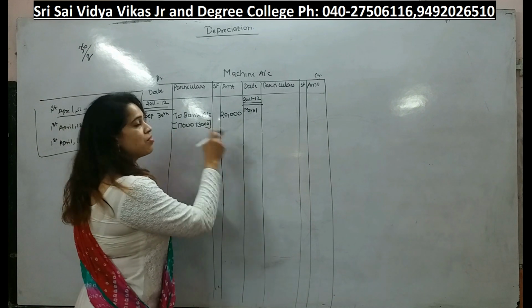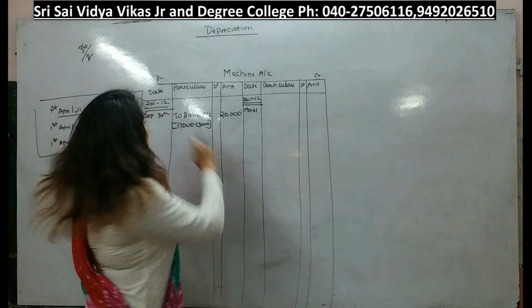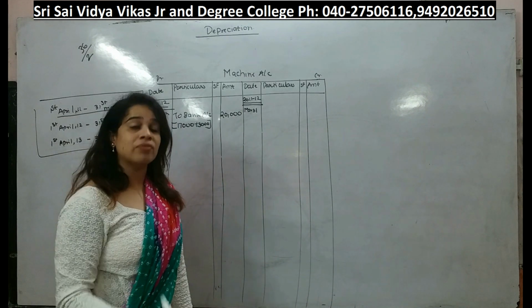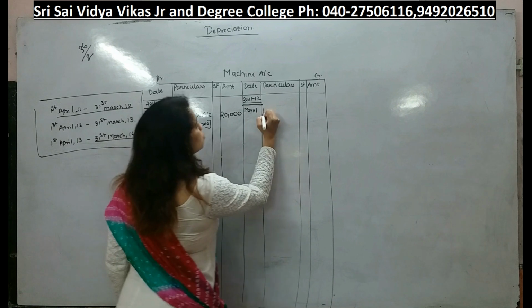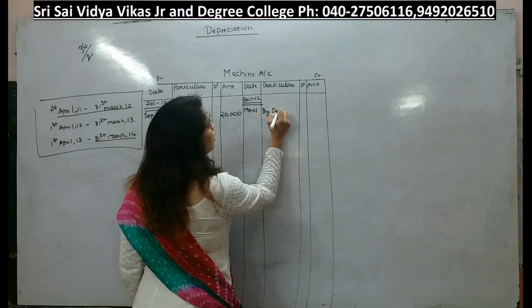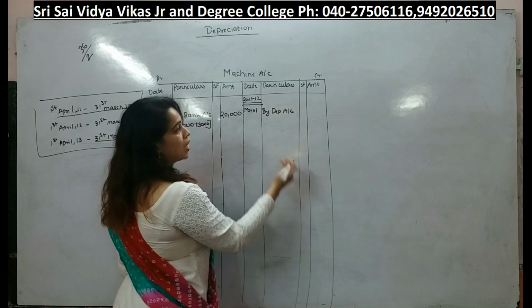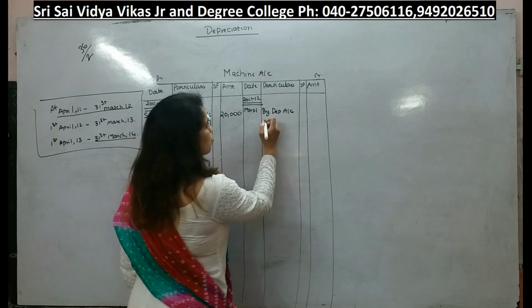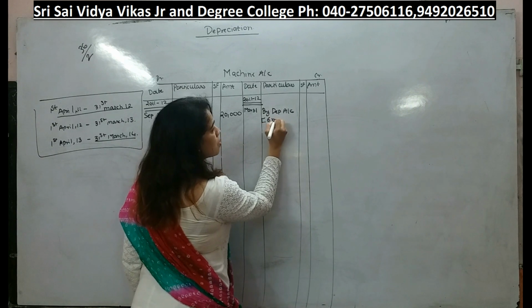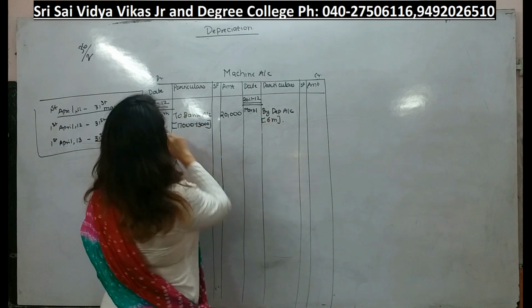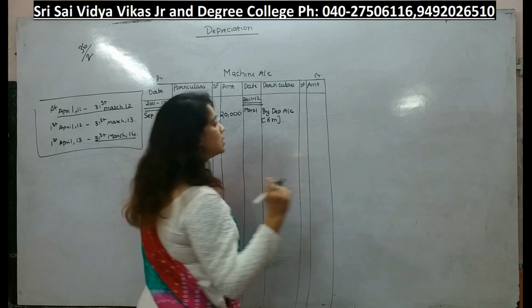Because we have used that asset for 6 months in the year 2011-2012, the value of the asset is going to decrease, right? So we need to calculate depreciation. Depreciation is an expense, for 6 months, because we have used the asset only for 6 months.